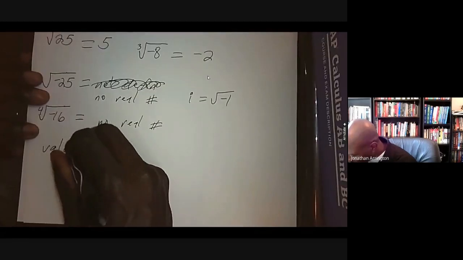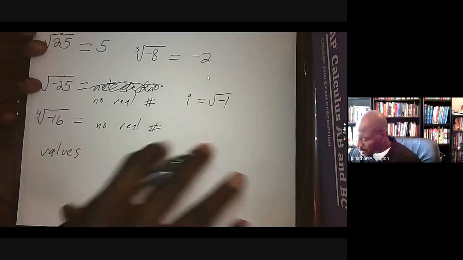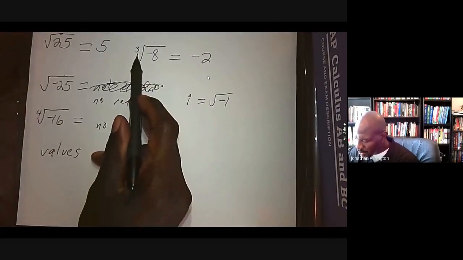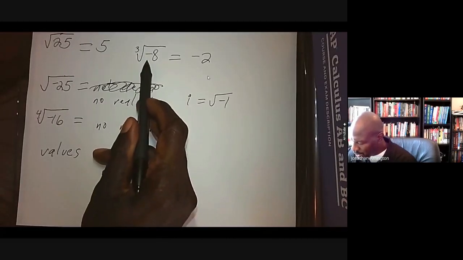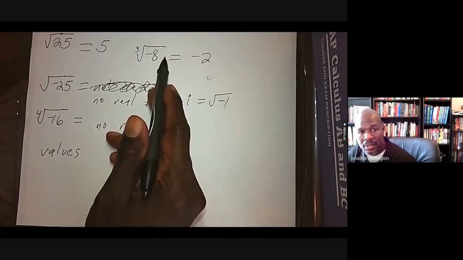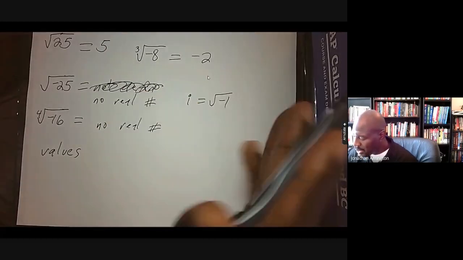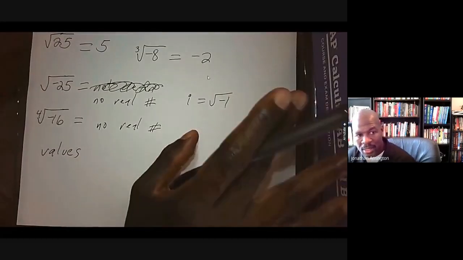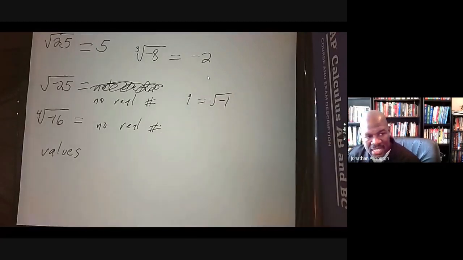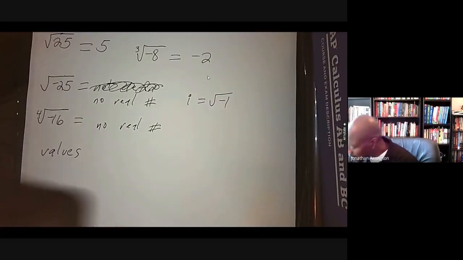Let me also point out, notice when I took the cube root of negative 8, it worked out fine. So I can take the odd root of a negative number all day and get a real number back. I just can't take the even root of a negative number.